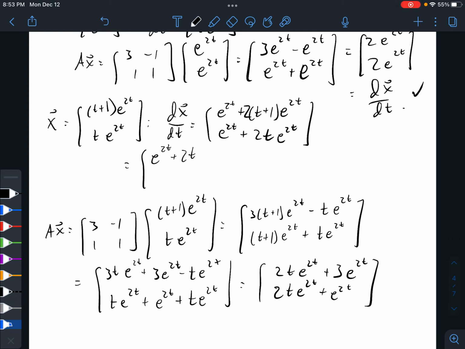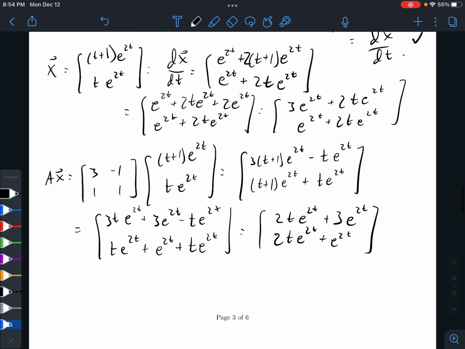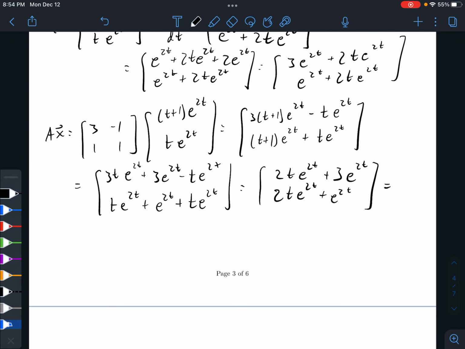So just distributing out the e^(2t) to the 2t + 1, and this becomes 3e^(2t) + 2t e^(2t), and then e^(2t) + 2t e^(2t). And wouldn't you know it, those are equal.